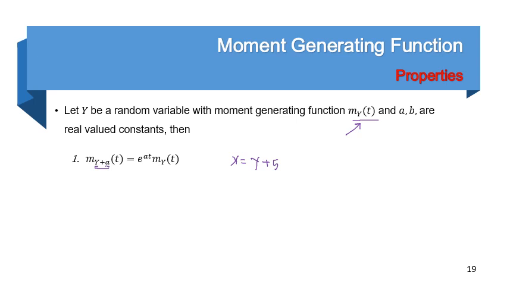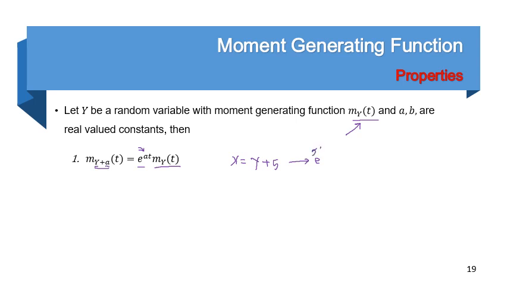It will be changed like this. You put exactly the same one I give you in the problem, multiplied by e to the constant I added to y, multiplied by t. All you have to do is write it like this. So in this example, I write my MGF multiplied by e to the 5t.